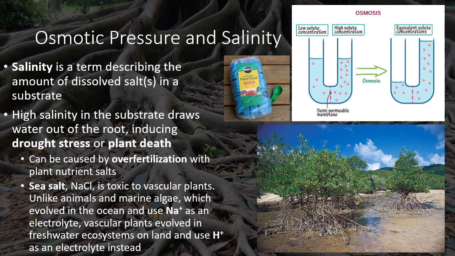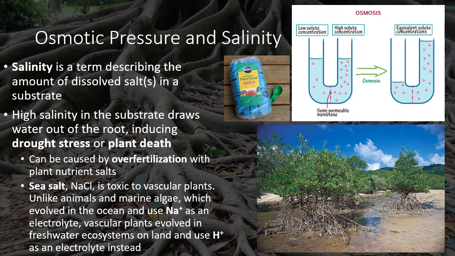So if there's a lot of dissolved salt in the water in the soil, water in the root will want to move out of the root to dilute the salt in the soil. And that high salinity is very stressful for the plant. It can cause drought stress as water exits the root, and it can also lead to plant death in severe cases.